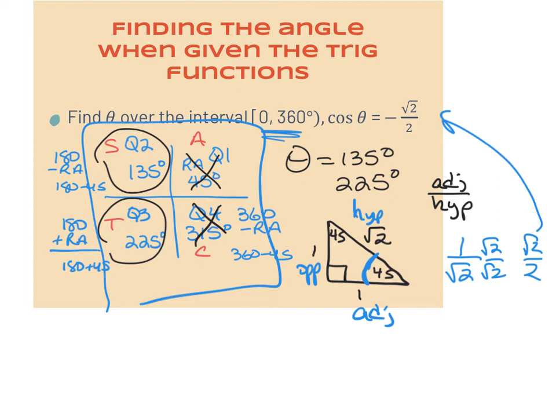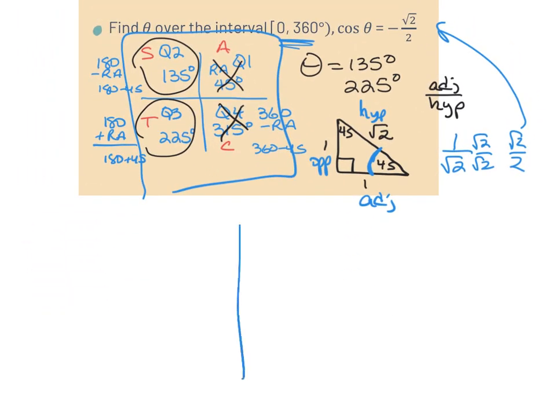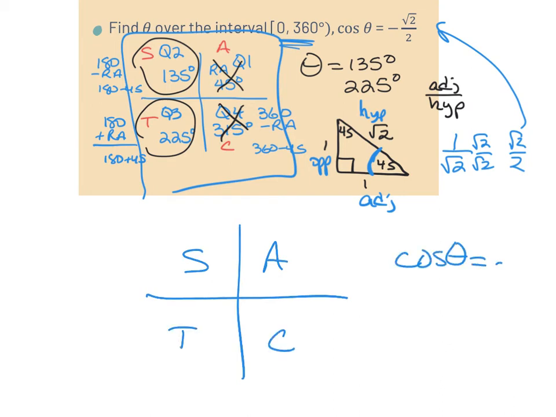Yes? How did you know which quadrants were correct? Okay, so again, to know which ones I'm going to keep, I use my All Students Take Calculus. It gave me this, cosine theta equals negative root 2 over 2.